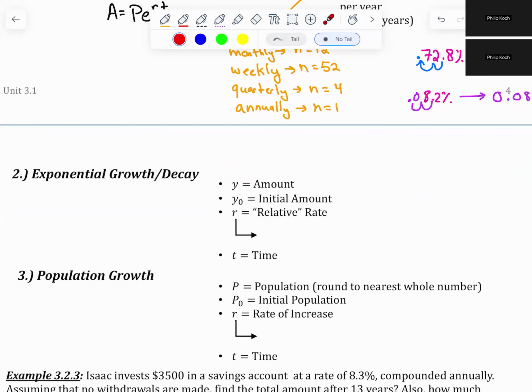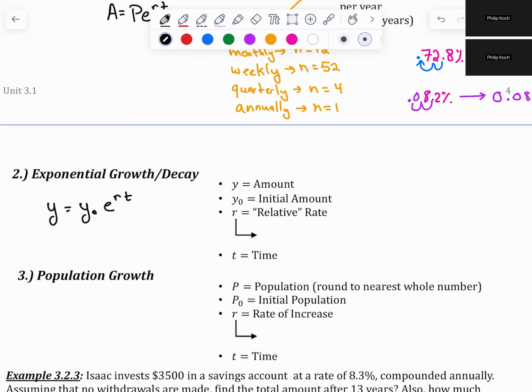We have exponential growth and decay models, which is y equals y sub 0 e to the RT, where y is your amount, whatever it may be. So maybe it's exponential growth. Maybe it's like a bacteria population that's growing at a specific rate.